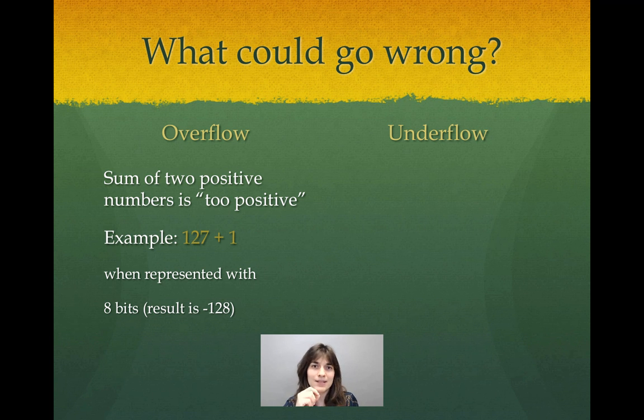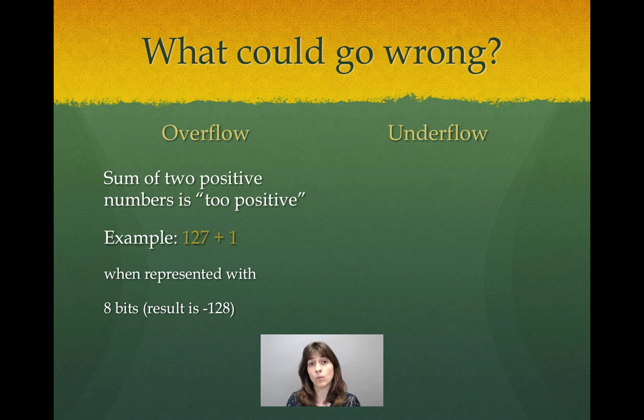And what happens if we make the addition 127 plus 1? What we want the addition to result in is obviously 128. However, what will actually happen is that we will get a negative number. We will actually get the most negative number we can get, minus 128.